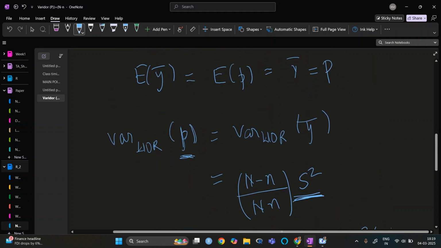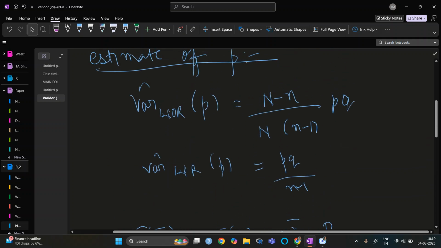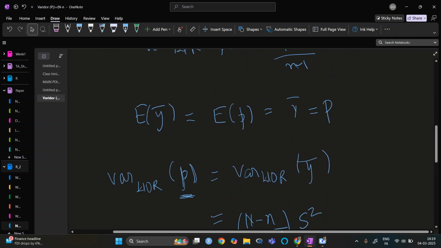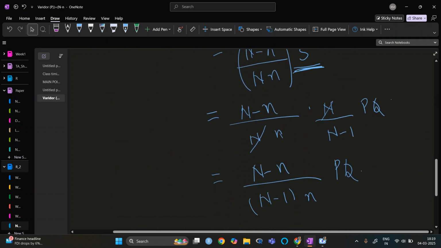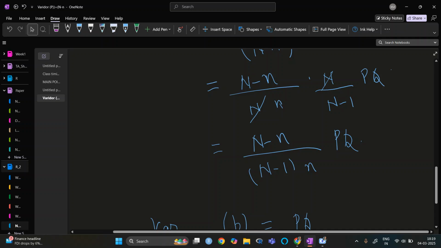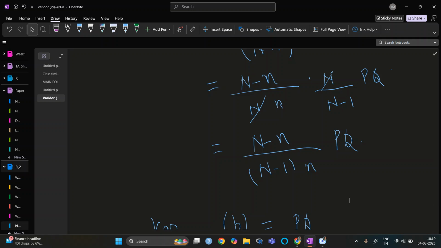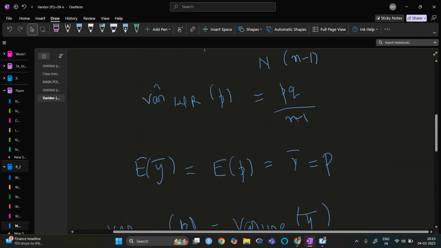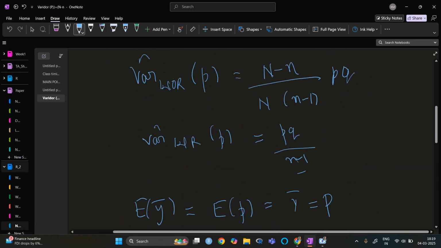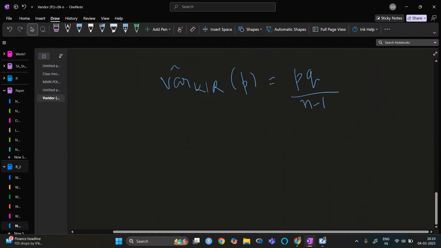Here is the variance of WOR P. So for WOR I have written (N minus n) upon (N minus 1), PQ upon n, and for the estimate I have written it already above, so we don't need to write it again.